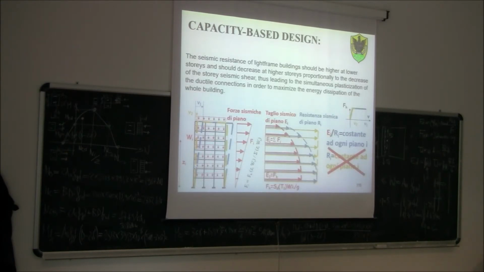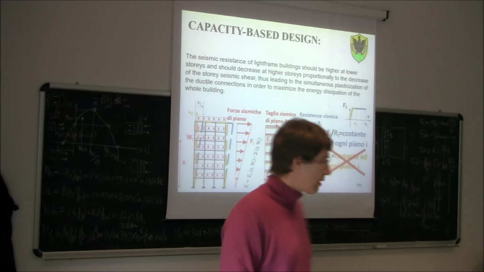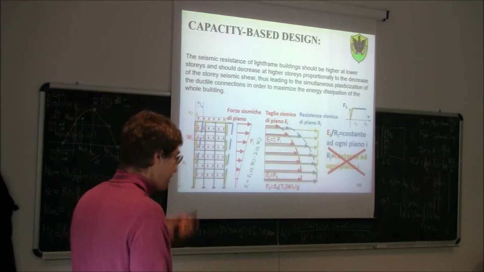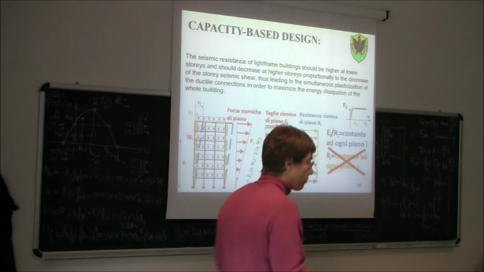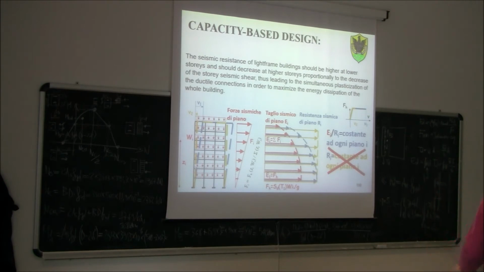Also for the light frame wall, I have this requirement that if I want the building to be able to dissipate a lot of energy in order to use a Q factor of 4 or 5, I need to make sure that the dissipation is spread around all the structure, not only one story.